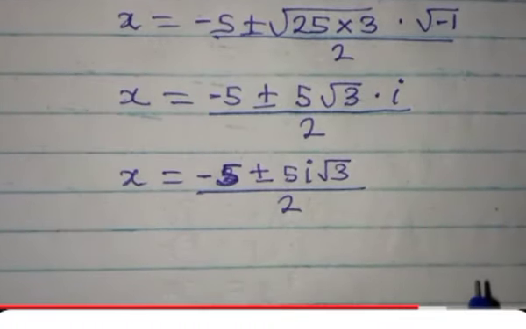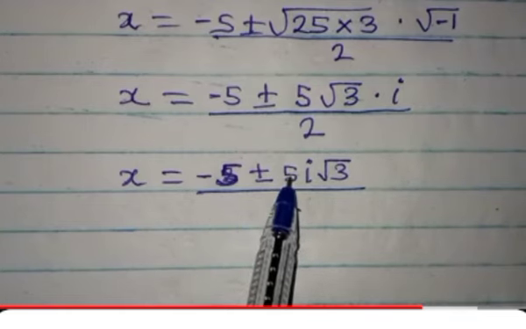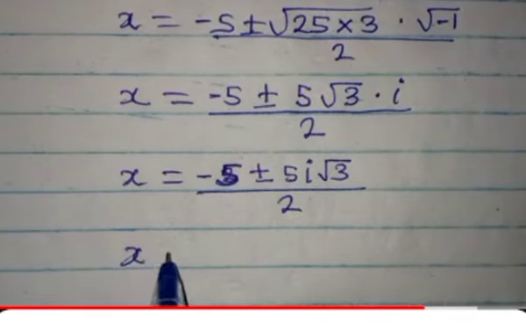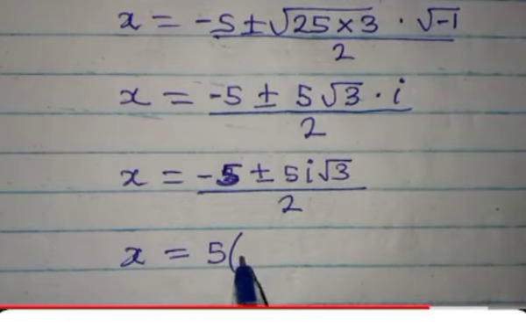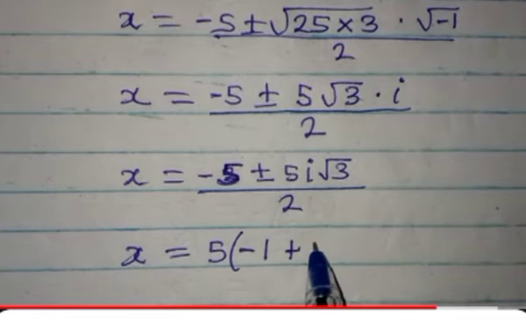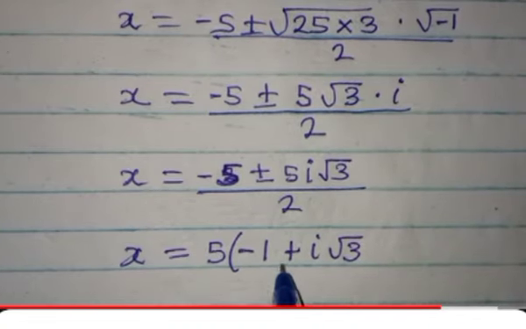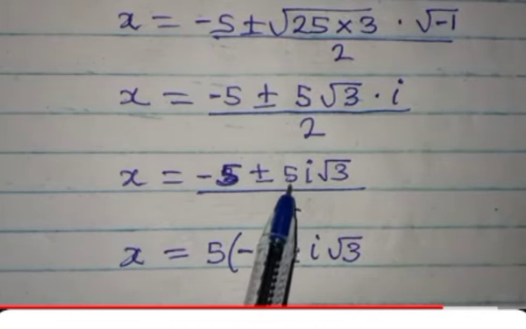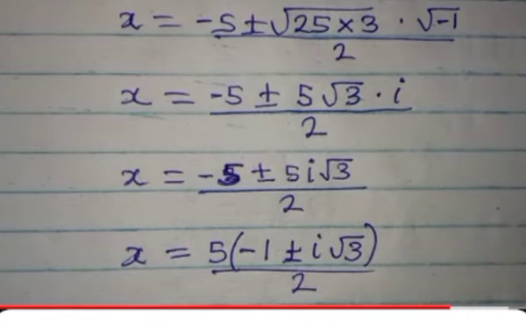Now, the next thing we will do is to factor out 5 from here. See 5 here, and it's also there. So we can say that our x is equal to 5. Factor out 5. Then in here we have -1, then plus or minus i root 3, because the 5 here has already come out. Close this and divide the whole of this by 2.